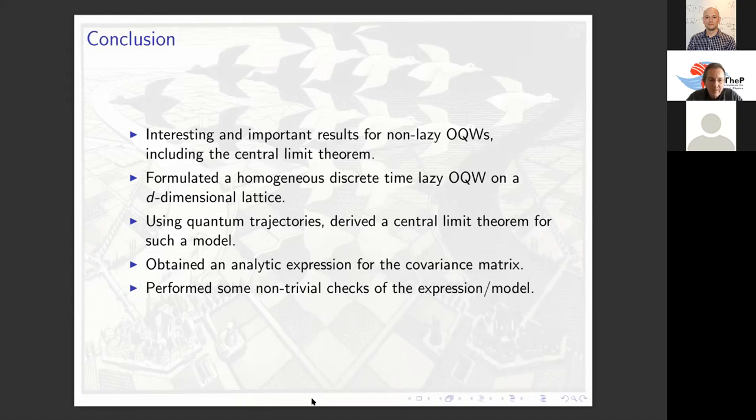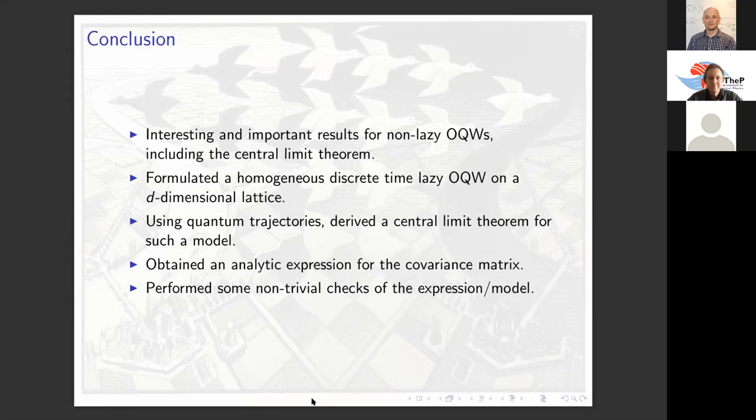Understanding some of those papers, and then start thinking about how this affects our central limit theorem. Because all of those papers, or what's been done before in relaxing some of the assumptions, as far as I know, is for non-lazy open quantum walks, so not lazy at all.